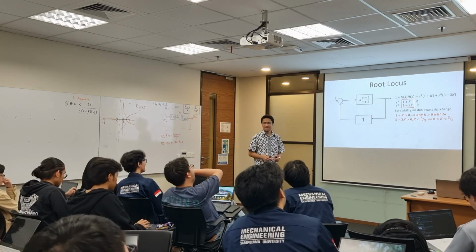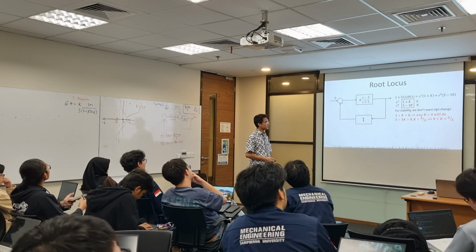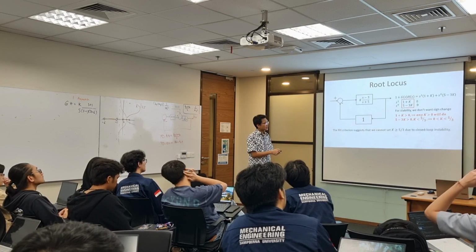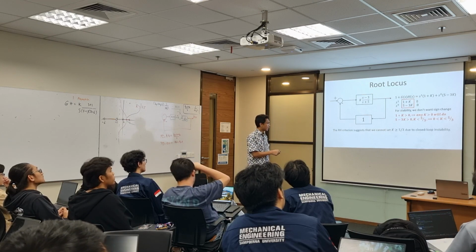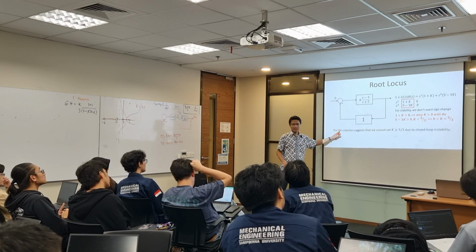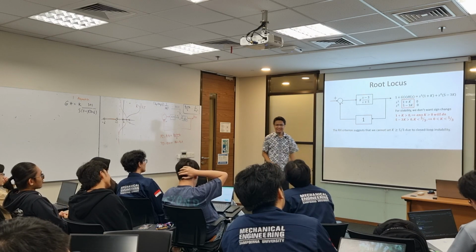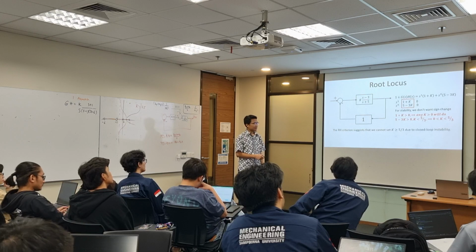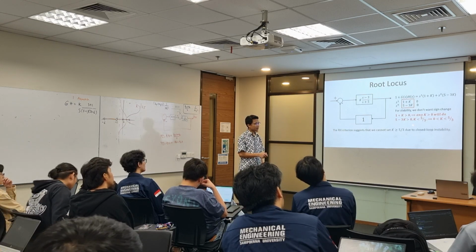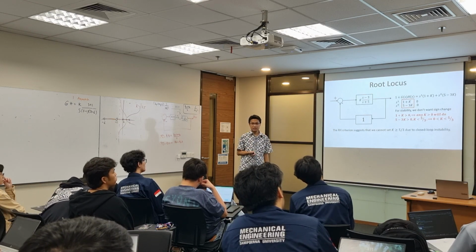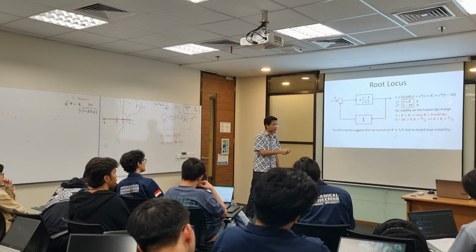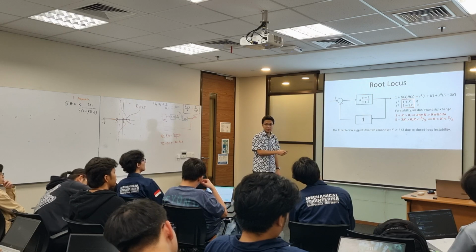Okay, now we start to discuss root locus. From the Routh-Hurwitz criterion, the Routh-Hurwitz criterion suggests that we cannot set k greater than 5 for 3, because of closed loop instability, because sign changes happen.